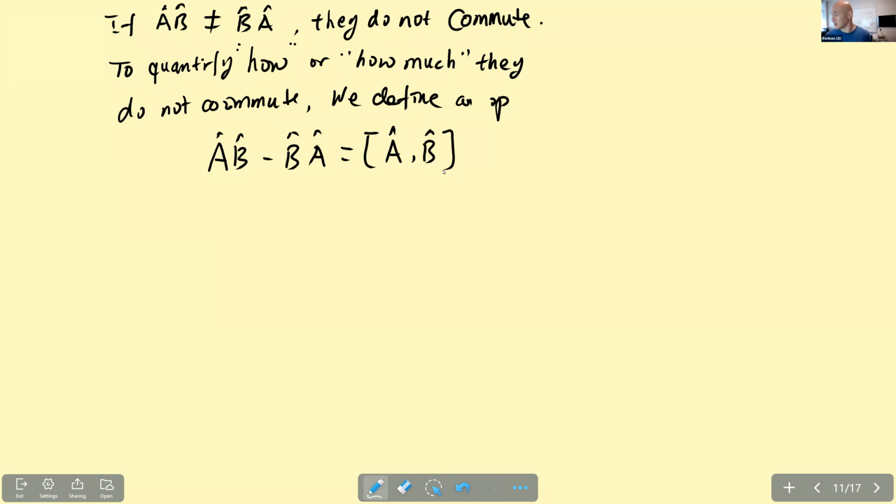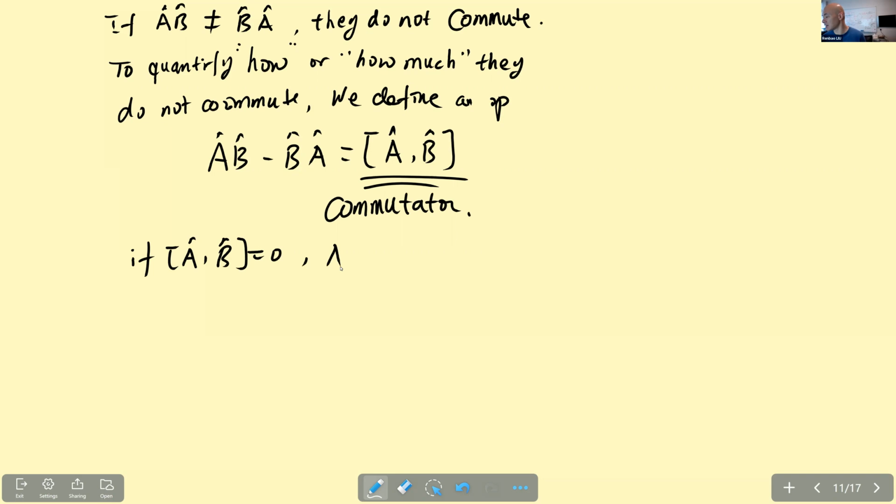It's a commutator. So if this one is 0, that means AB equals BA. Okay, they commute.